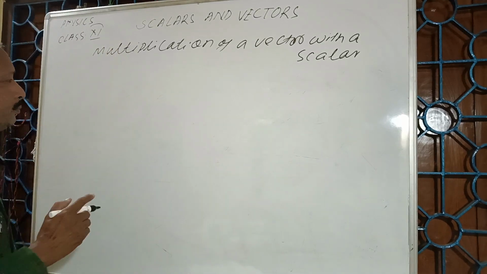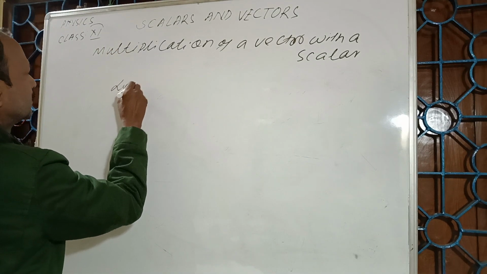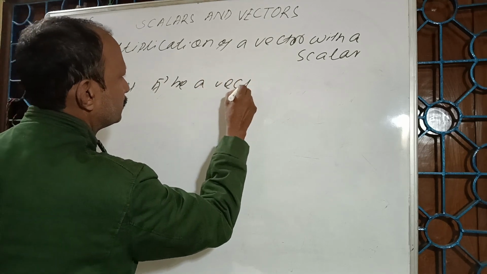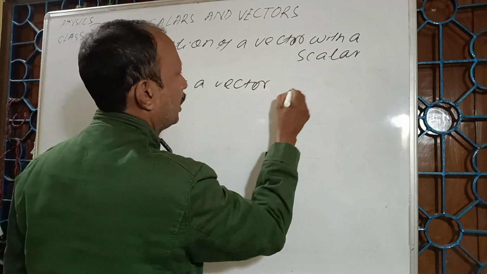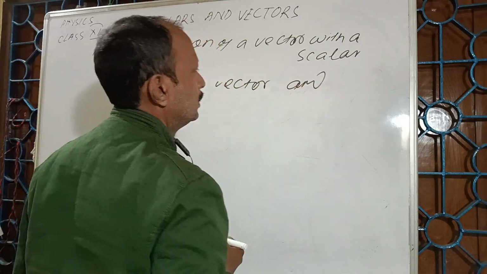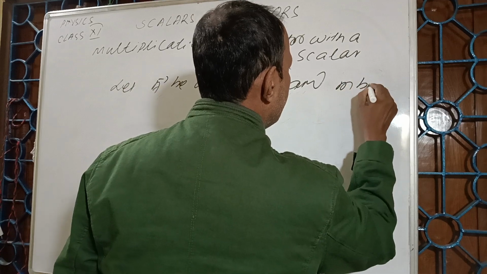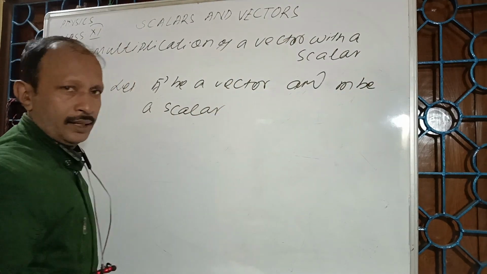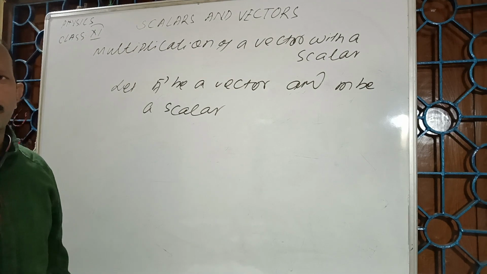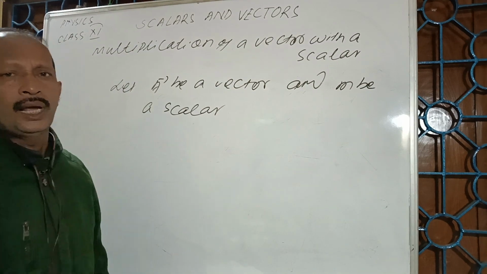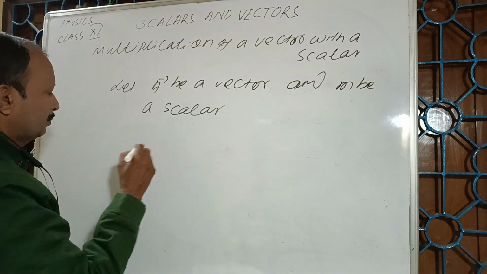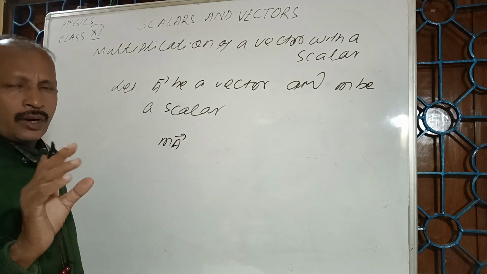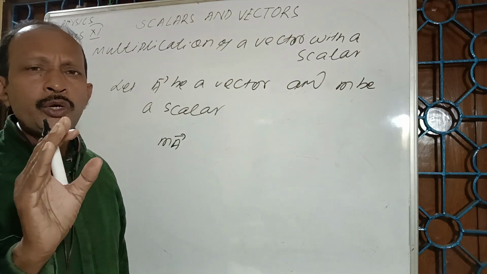Suppose let A be a vector and M be a scalar. I am going to multiply vector A with scalar M. That means the result will be a new vector.